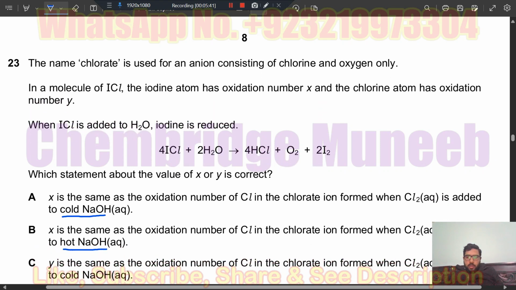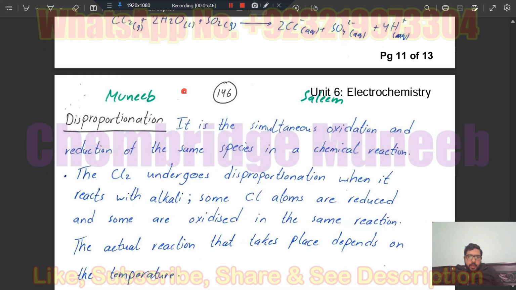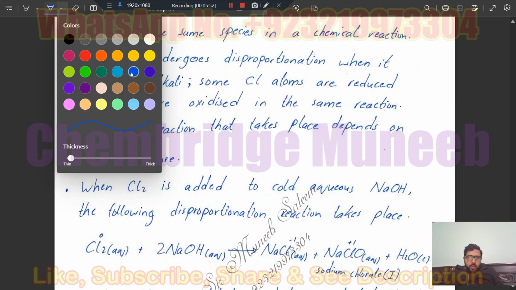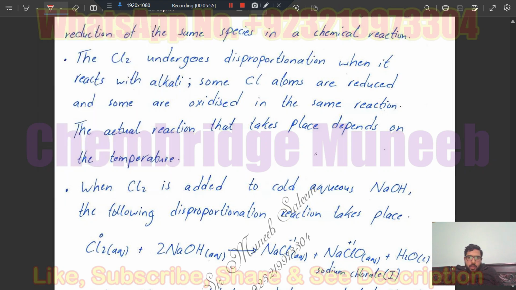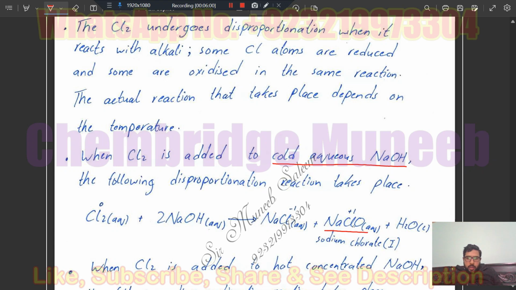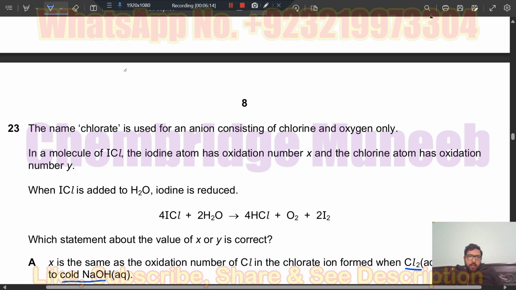Going to the literature, in the case of cold aqueous NaOH, the product is NaClO, and when there is a reaction between hot concentrated NaOH and Cl2, it is the NaClO3 form. So we have these two types present. So I should write here ClO and ClO3.